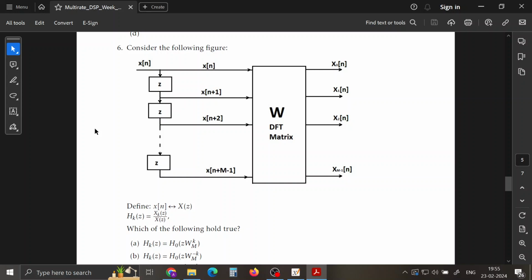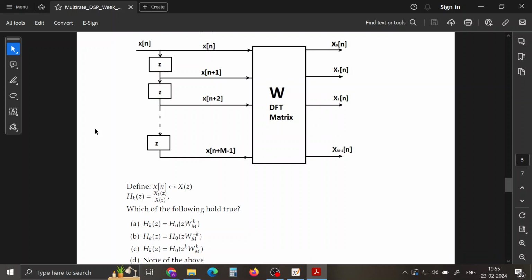That matrix acts on the incoming vector of the elements x of n, x of n plus 1, and so on till x of n plus m minus 1, to give me another output vector, which is capital X0, capital X1 all the way till capital X m minus 1.